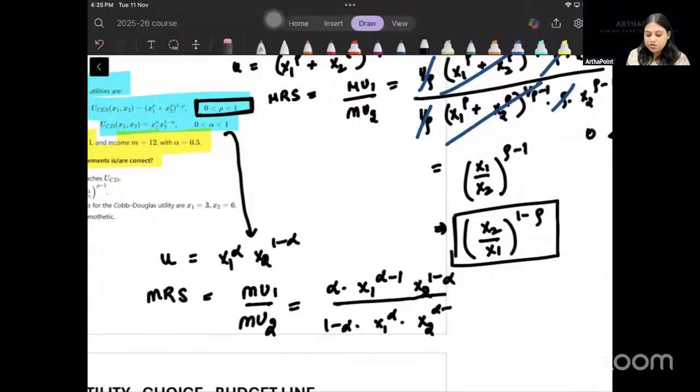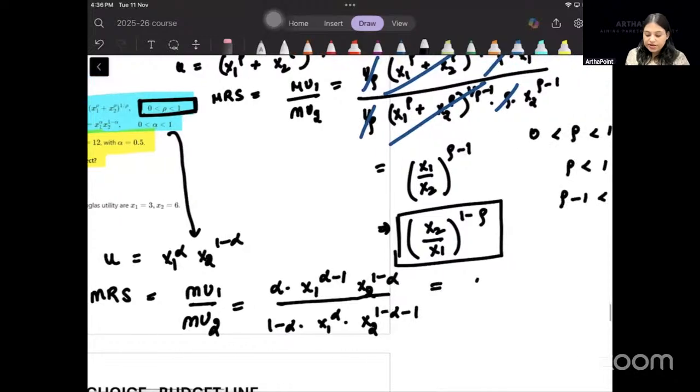If I solve this, I will get alpha upon 1 minus alpha, times x2 by x1.